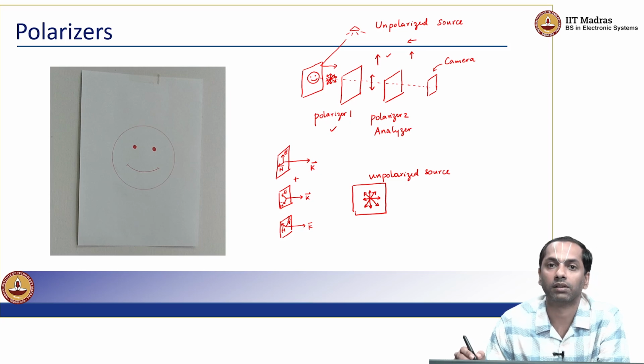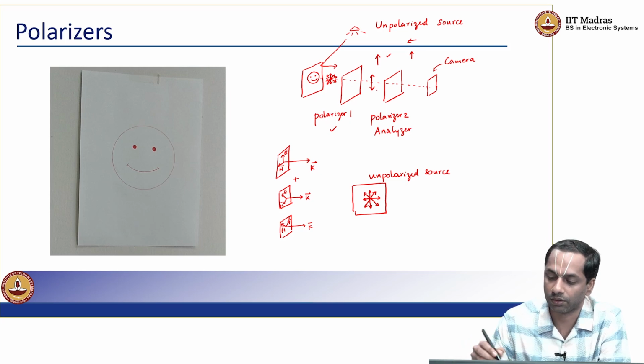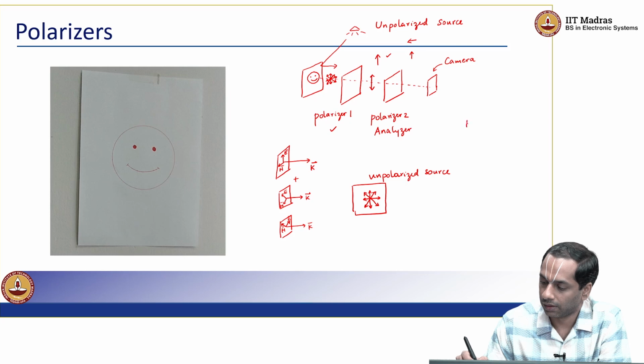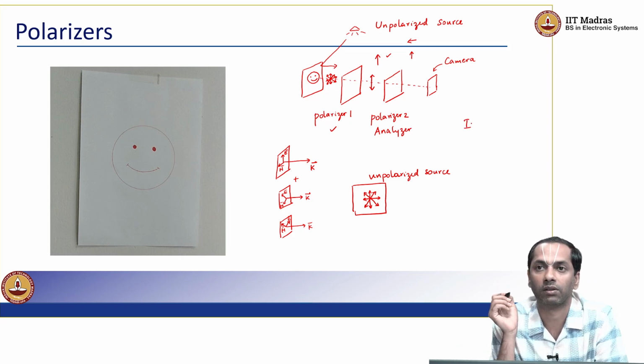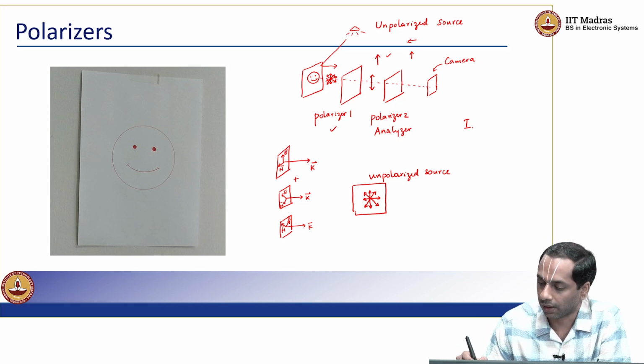And the transmission of light through a polarizer, we can think of it in terms of our Poynting vector or intensity of light. This is power per unit area of the light going through the polarizer. So, the I after the polarizer is I input by 2.